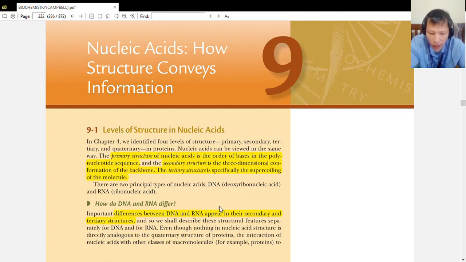And then the tertiary structure is specifically for the supercoiling of the molecule. We can say that some nucleic acids are coiled, supercoiled in fact. Some are just plain, or they transition from a supercoil to a non-coil.